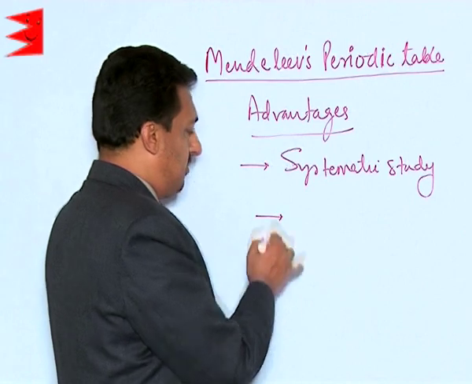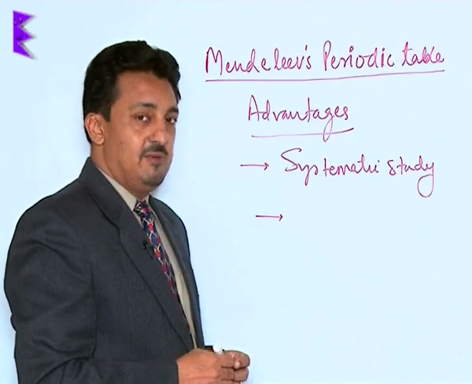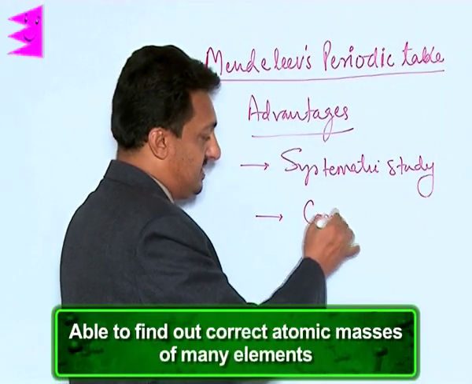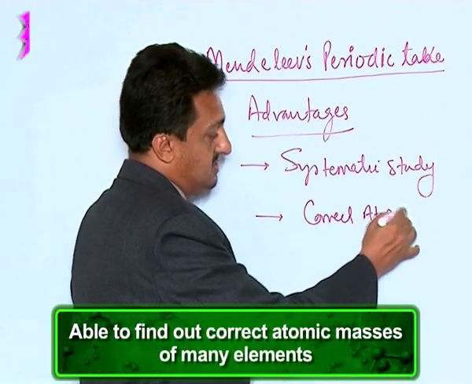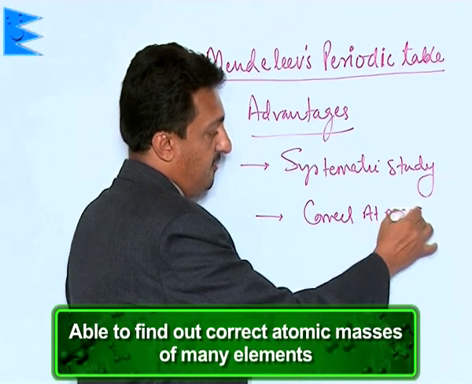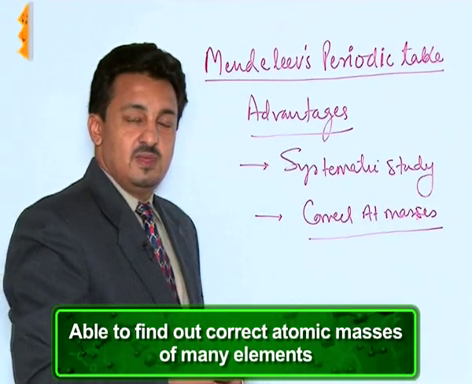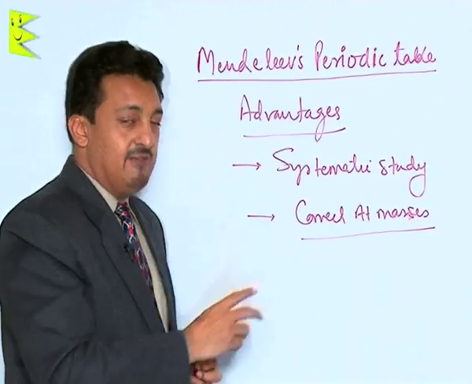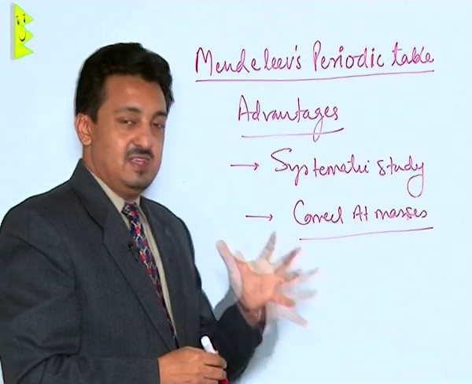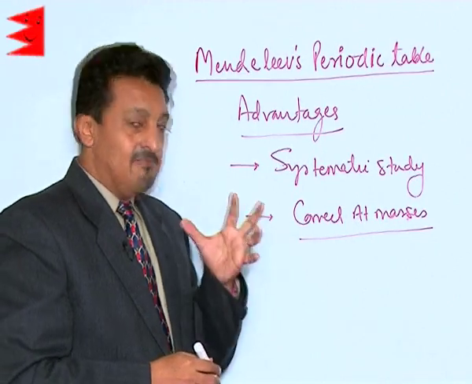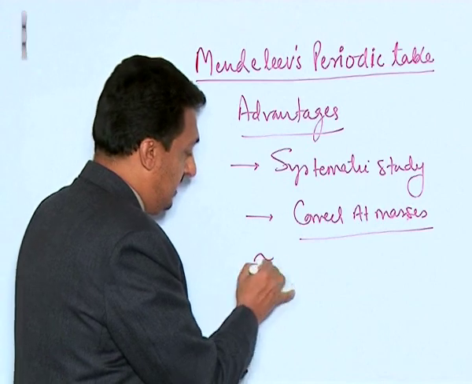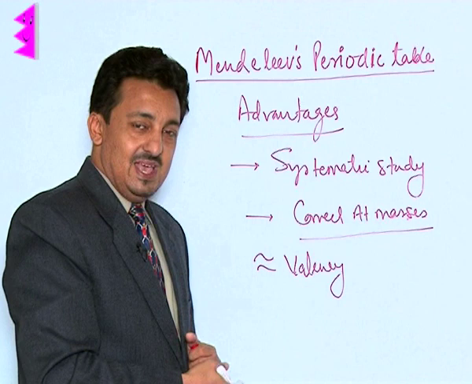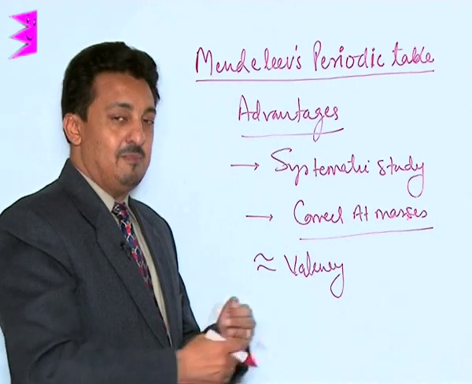The next and most important advantage is that with the help of Mendeleev's periodic table, we were able to find out the correct atomic masses of many elements. Remember, Mendeleev's periodic table was based on the physical and chemical properties of the elements, and mainly he was looking at the valency of the elements, which is basically the combining capacity of the elements.